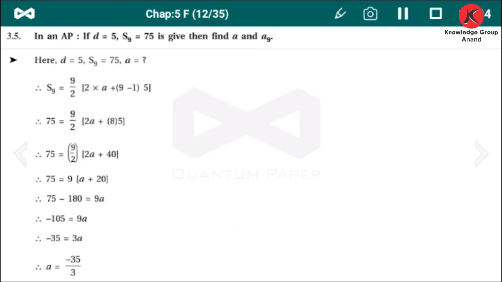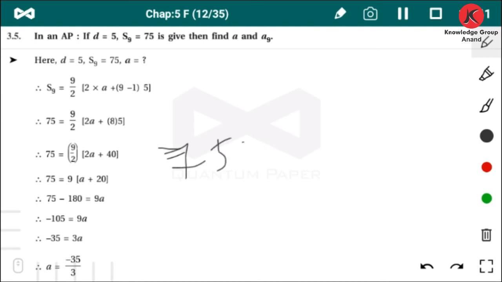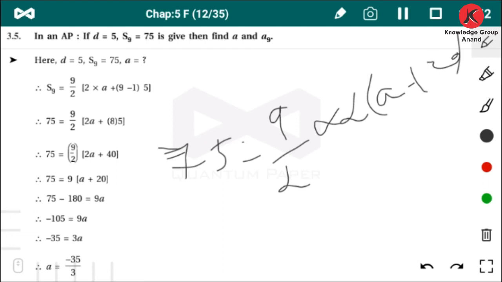How do we get A plus 20? Here, take 2 common in the bracket: 9 by 2 into 2 times A plus 20. The 2 cuts, and we get 9 into A plus 20.